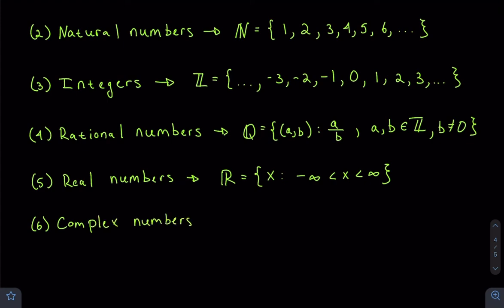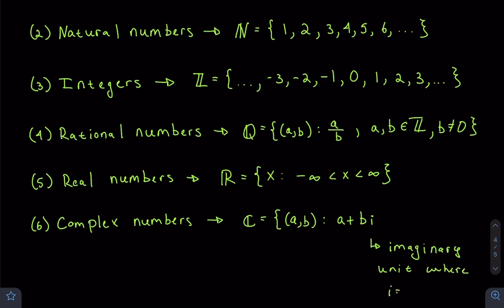The set of complex numbers gets denoted by a bold-faced C, which is the set of all points (a, b) such that a plus bi is in this set, where i, if you've gone over imaginary numbers, is the imaginary unit, where i equals square root of -1.